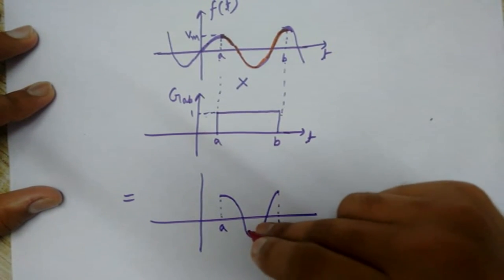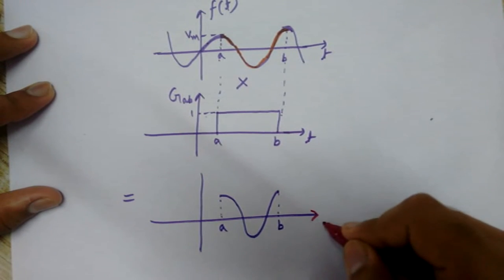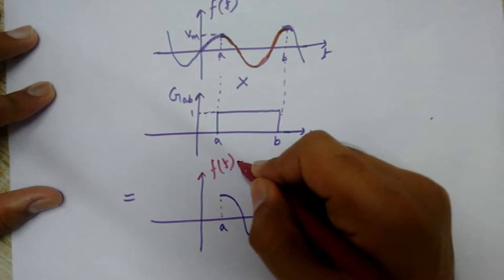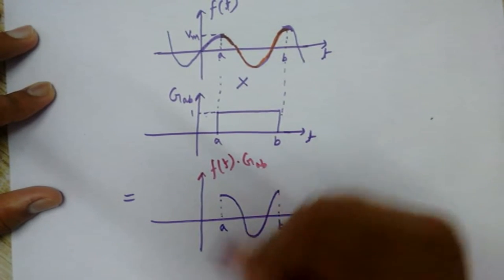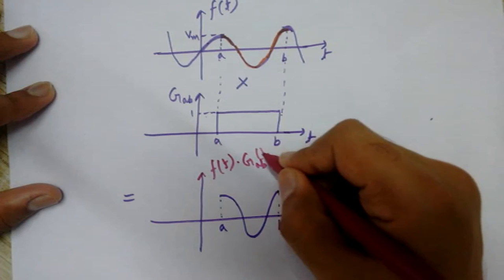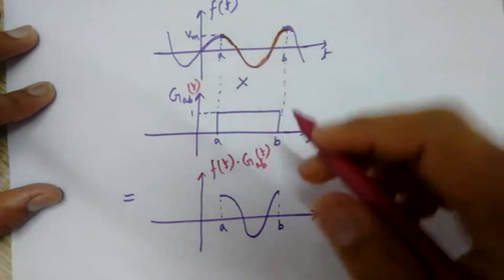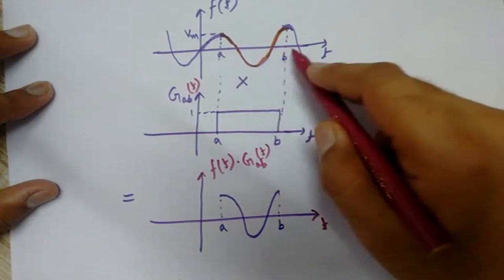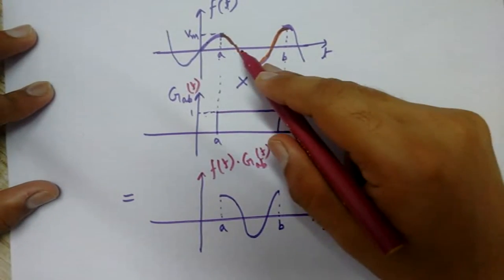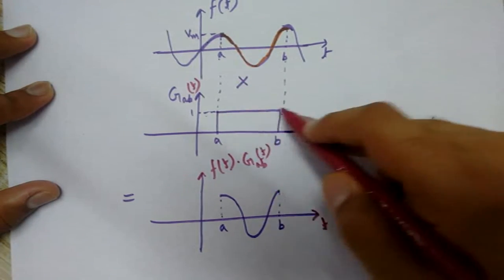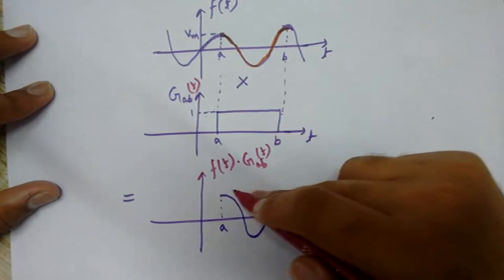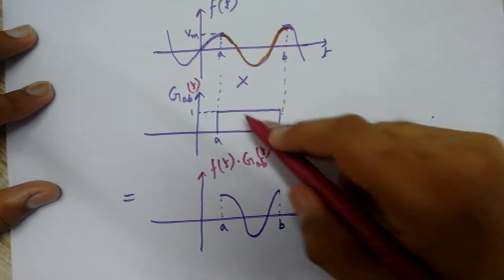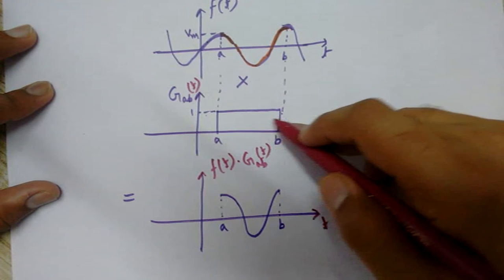Here is the resultant signal product, f of t into g_ab of t. So this is 0 in this interval, but in the interval ab it is multiplied with 1 at every value, so it is not changed. The shape of this curve remains the same in this ab interval.